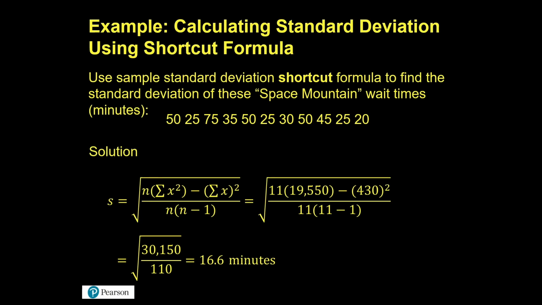And because those were measured in minutes, that means our standard deviation is measured in minutes. And this standard deviation of 16.6 minutes is just measuring sort of the average variation of the data values from the mean. Okay, so how much are they spread out from the mean?